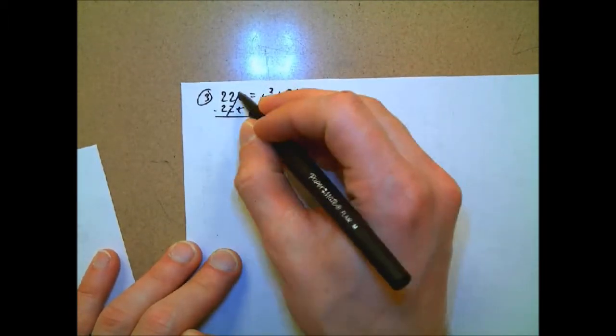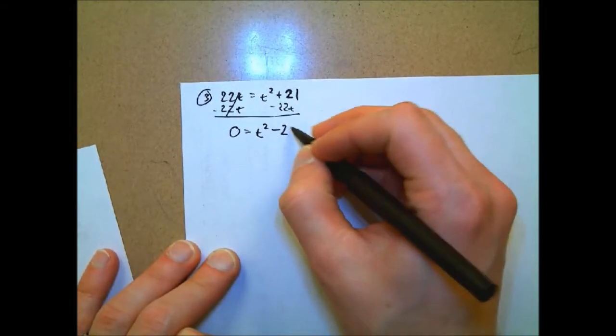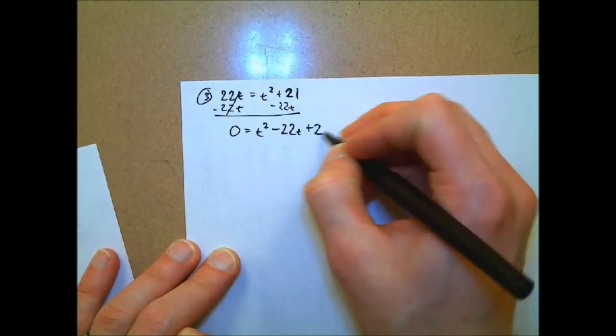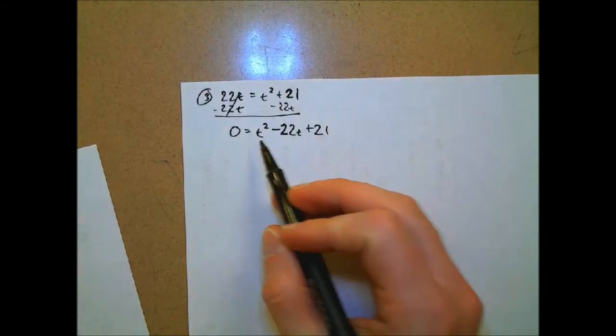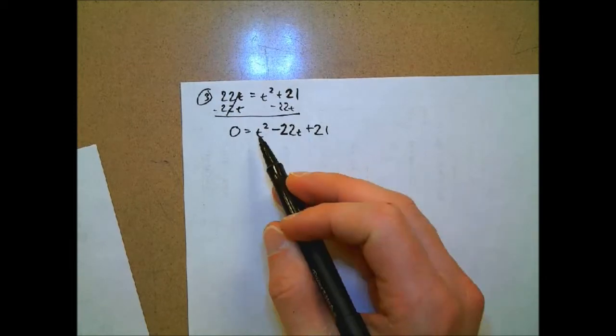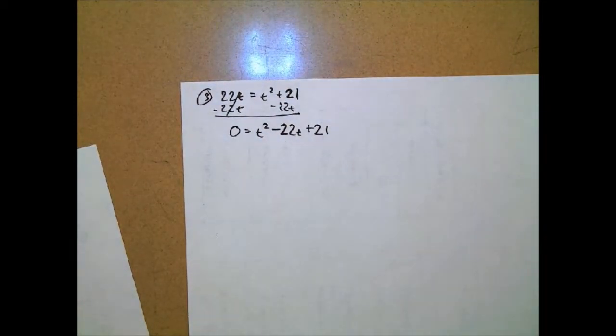I'll have 0 equals t squared minus 22t plus 21. Are we in a good order now? Yes, we are. We have at squared plus bt plus c. Very good.